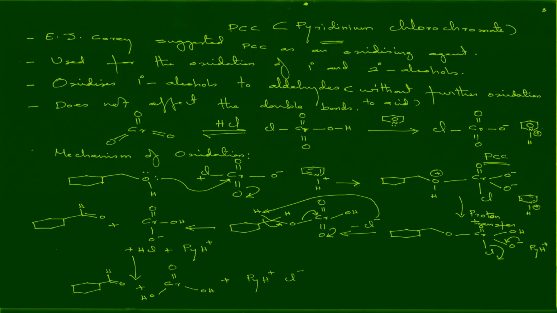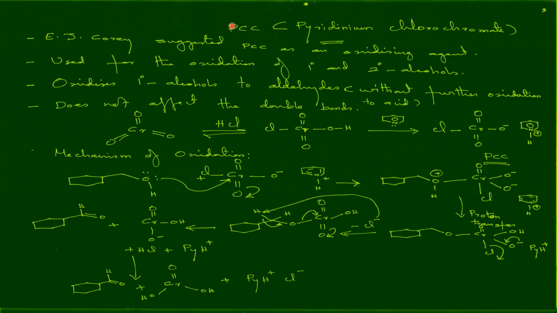Pyridinium chlorochromate. E.J. Corey suggested PCC, pyridinium chlorochromate, for oxidizing alcohols. This PCC oxidizes primary alcohols to their corresponding aldehydes and secondary alcohols to ketones.